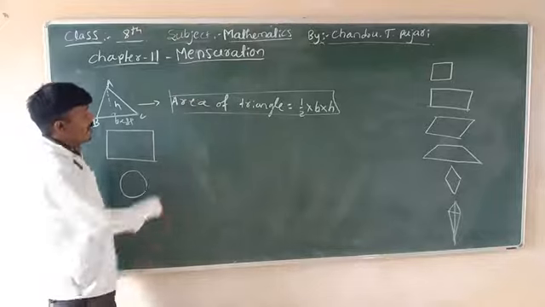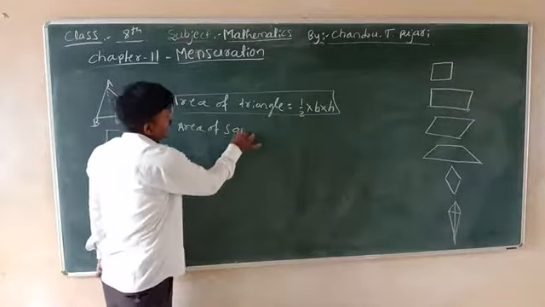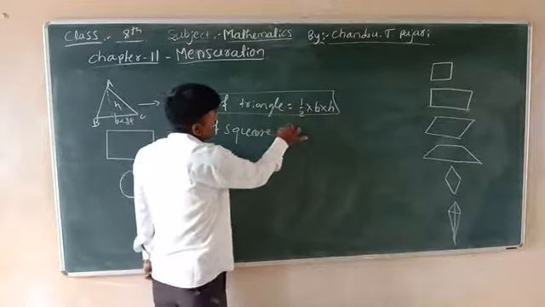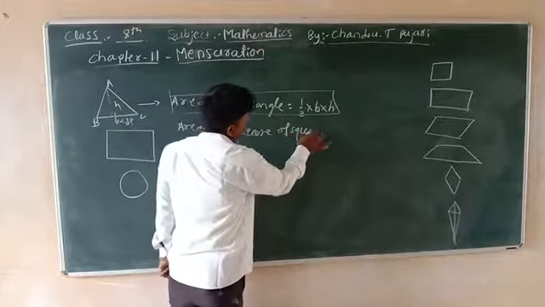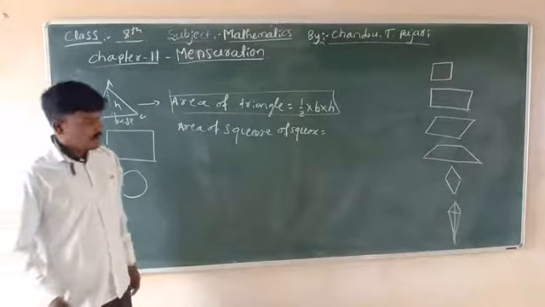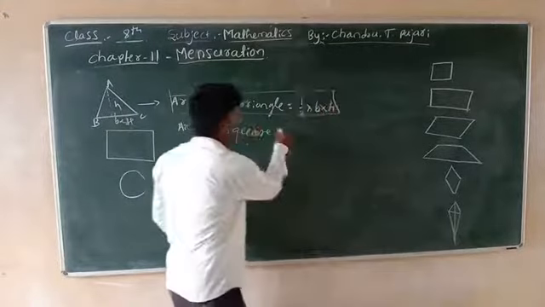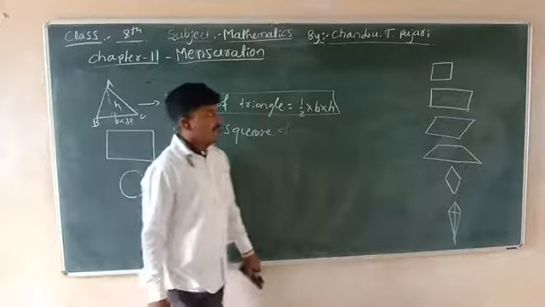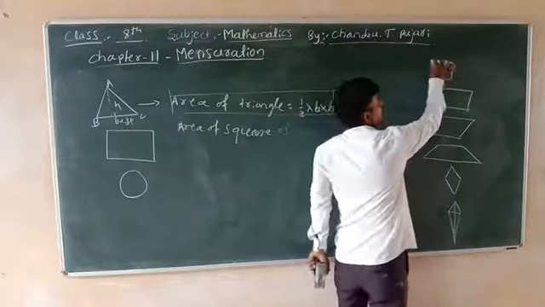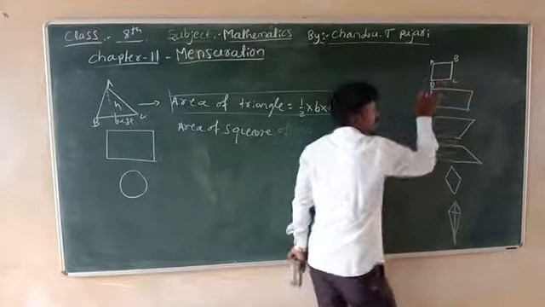Okay. Next formula is the area of a square. Consider ABCD is a square.